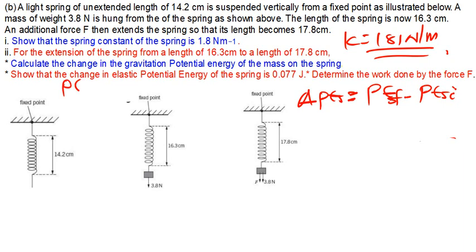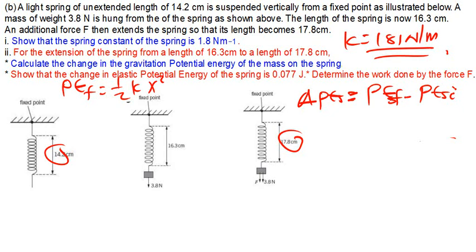Which x are we talking about for the final one? It's going to be that minus that, which is 17.8 minus 14.2, which is 3.6.